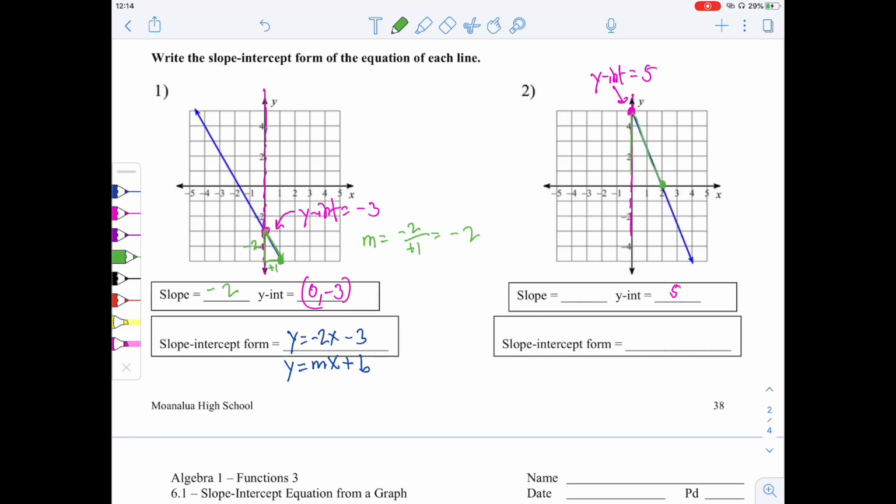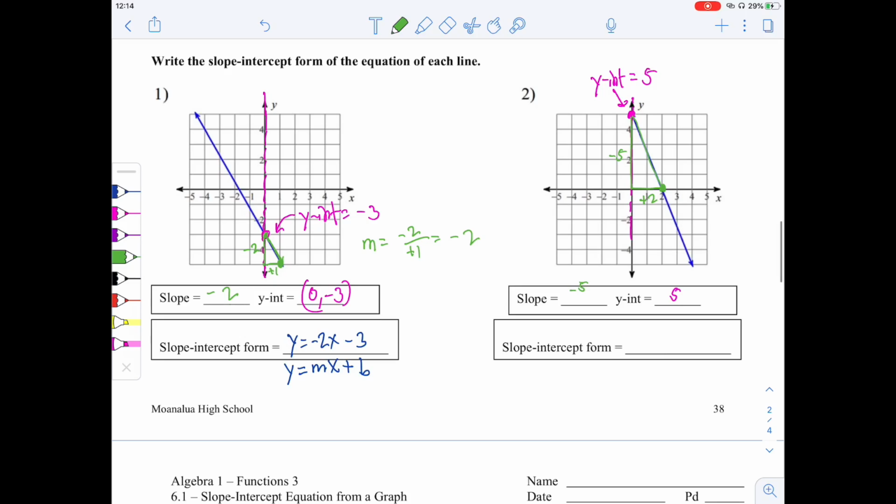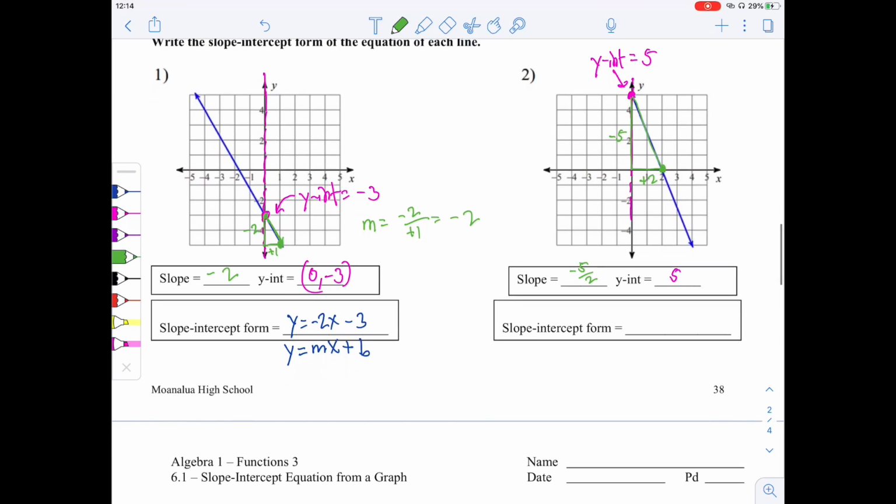So it goes down 5, so negative 5, and it goes right 2, so positive 2. So your slope is negative 5 over 2. Right there, negative 5 over 2. And that's your slope. So your slope intercept form is going to be y equals your slope, negative 5 over 2, next to the x, and then your y-intercept is positive 5.